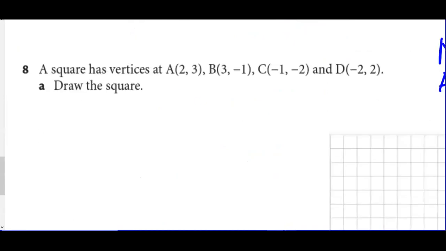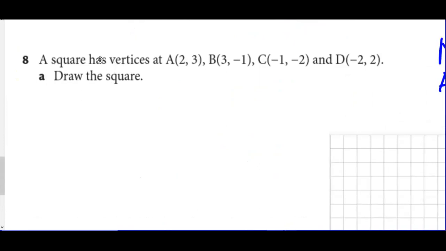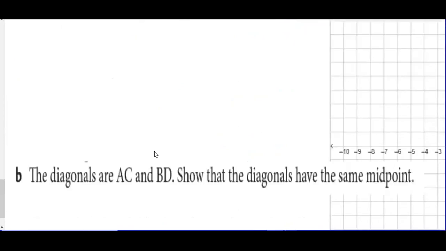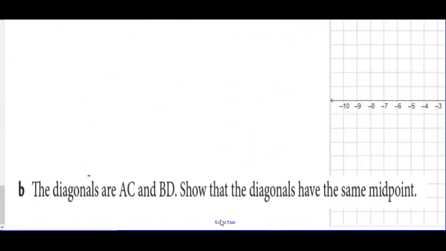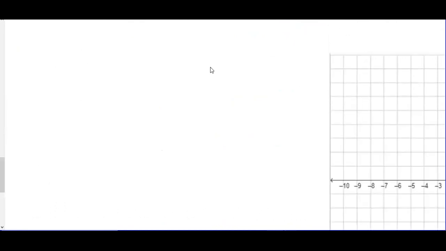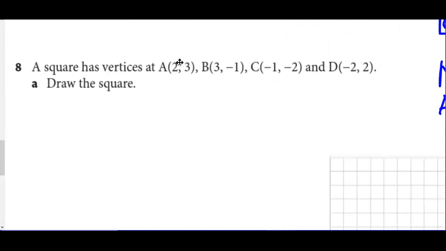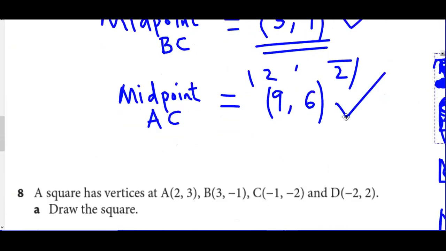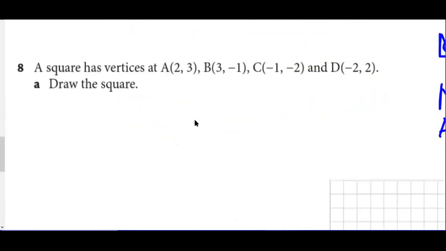Now, how do we move from this question? Simple. The question is so specific. The question says, a square has vertices.